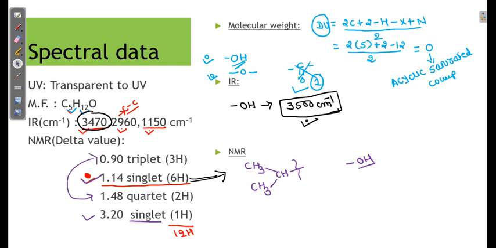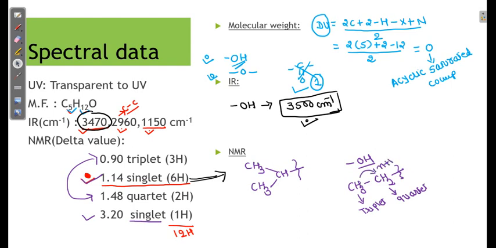From this group, if I see, there is a triplet and this is a quartet. This is the very famous ethyl group, CH3CH2. For that I get a triplet, and for that I get a quartet. Why quartet? Because splitting is based on n plus 1.